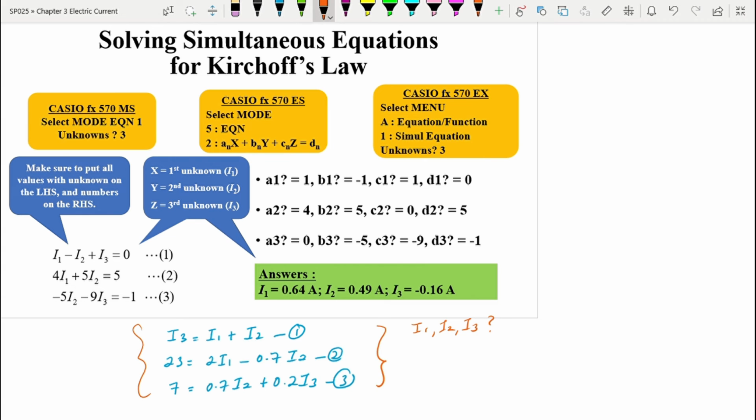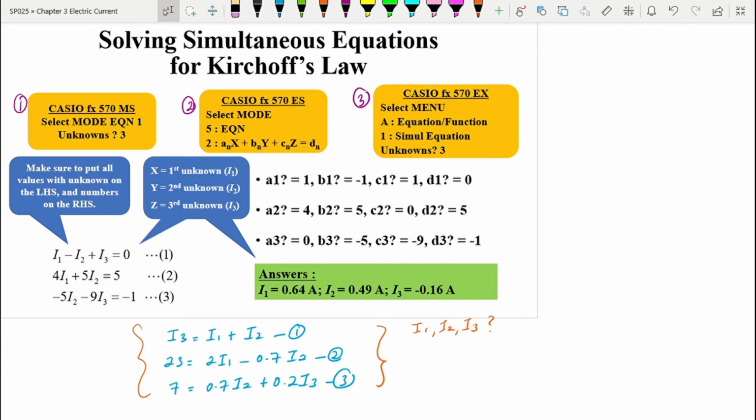So macam mana nak solve? Actually ada tiga jenis kalkulator yang korang akan guna. Kalkulator yang pertama, kalkulator saya yang guna, kalkulator lama. Kalkulator yang kedua, yang color silver 570ES, dan kalkulator yang ketiga yang black color tu 570EX. Okay, kalau coding tu salah nanti double check balik.